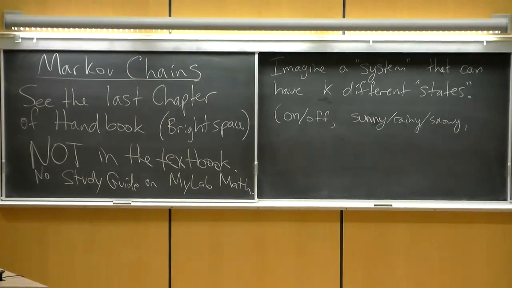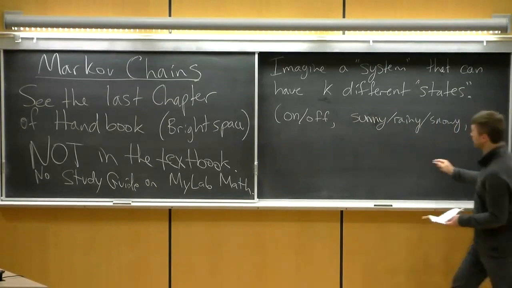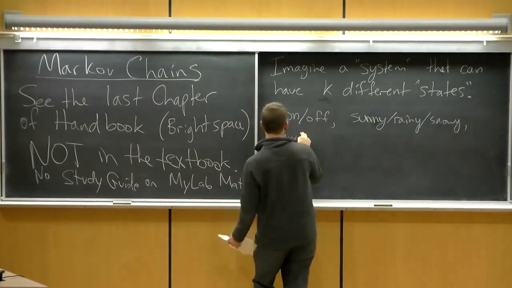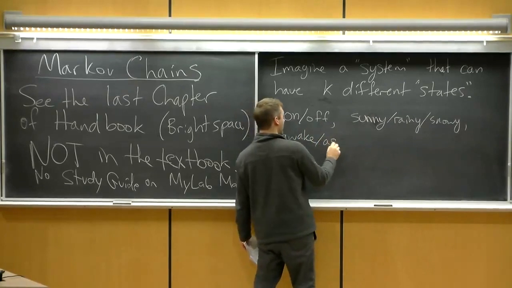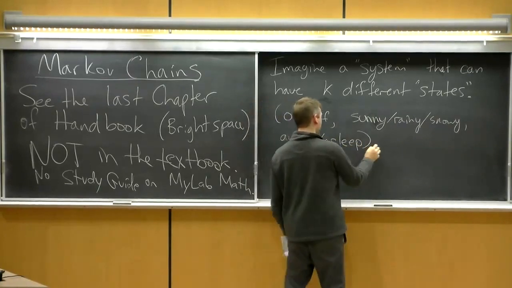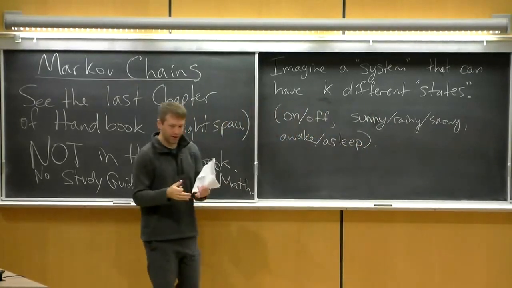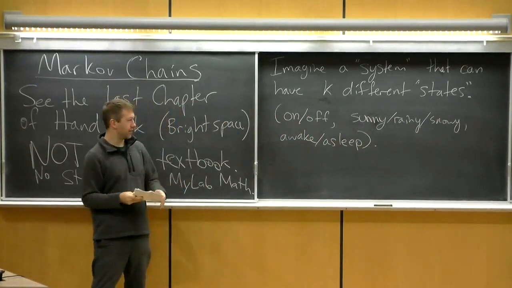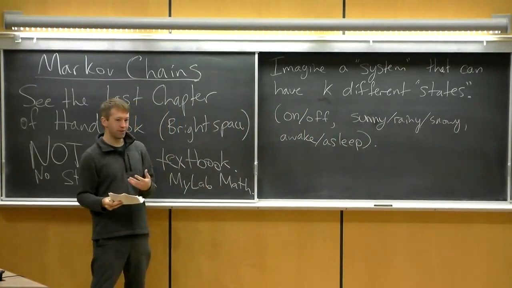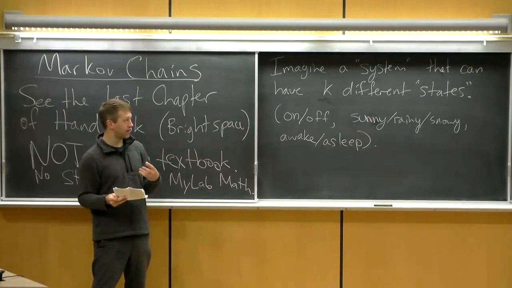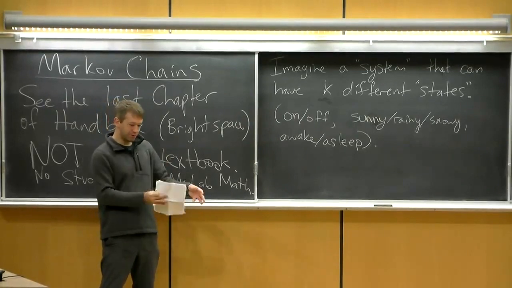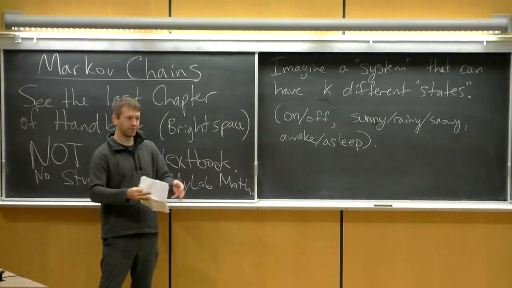A person could be awake or asleep. Basically anything you could describe as having different states, and you want to analyze this process where the system moves between different states.